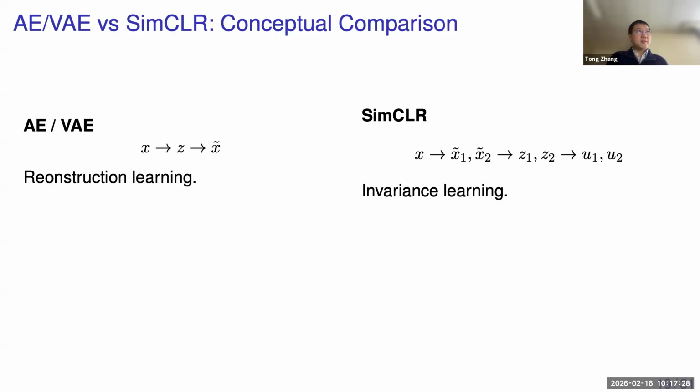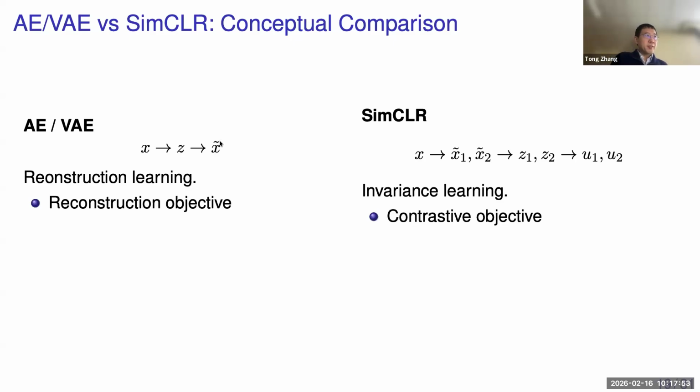Contrastive learning generates two different views. Conceptually we can remove this one; algorithmically we need U1, U2, but conceptually we can stop here. Essentially, this one is a perturbation of the image, and this one is a reconstruction of the image. So they are different.